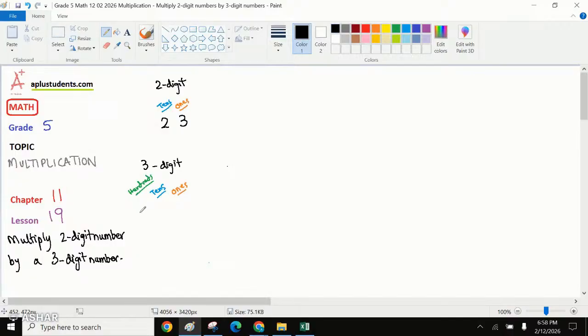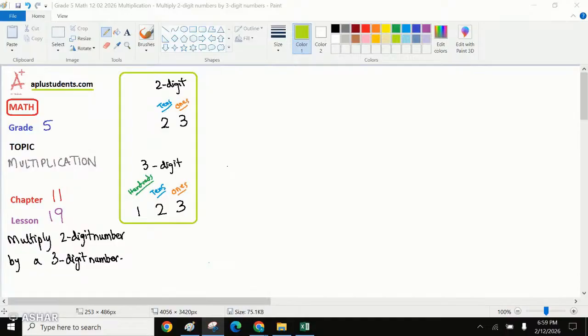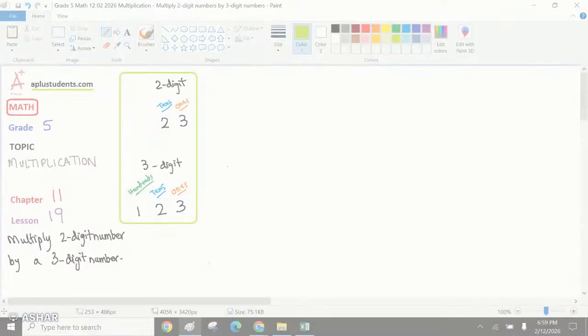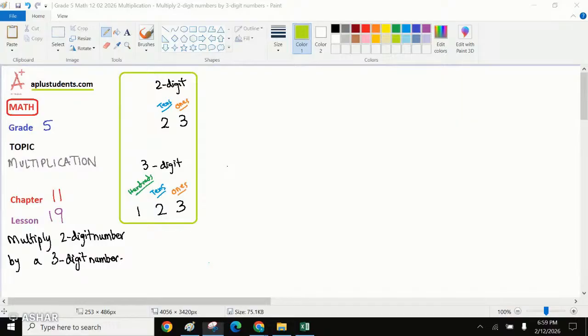If we consider the number to be 123, there are 3 ones, 2 tens, and 1 hundred. Let's see how we can multiply two-digit numbers and three-digit numbers, numbers having ones, tens, and hundreds.